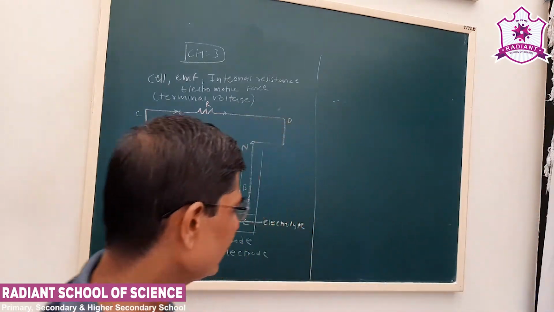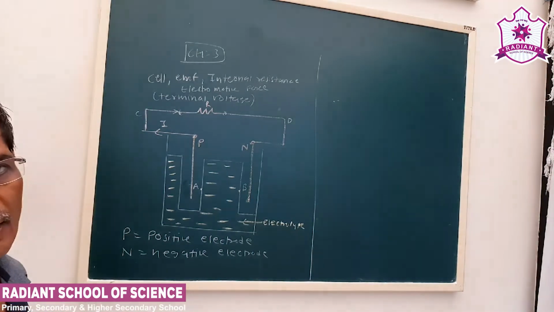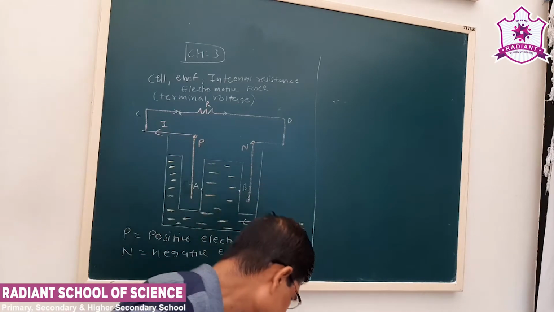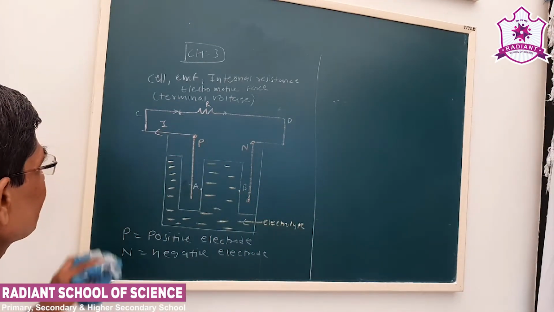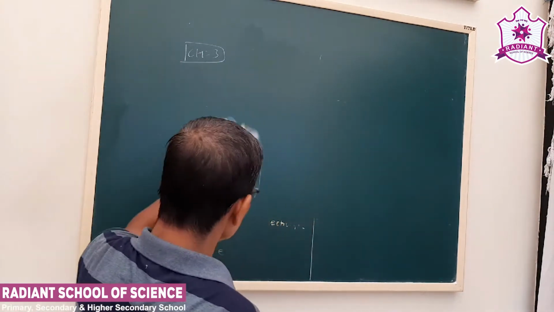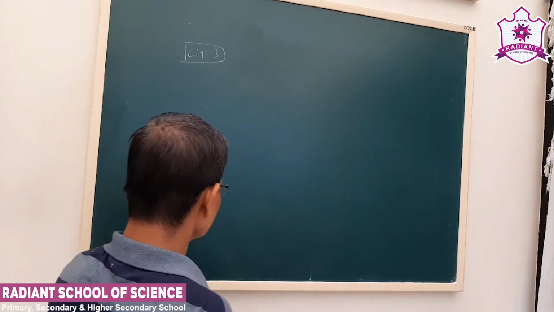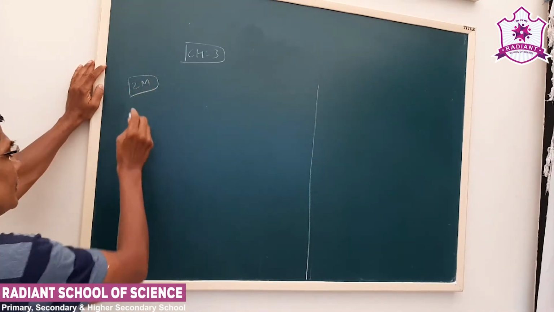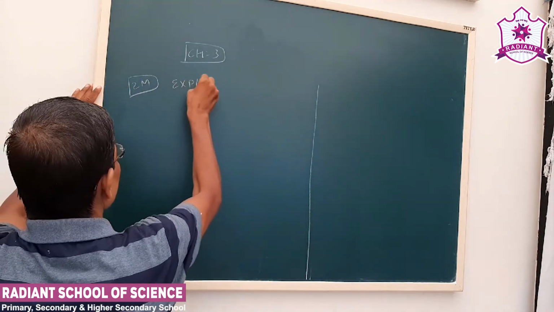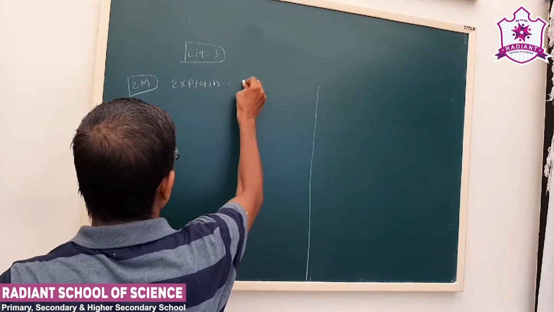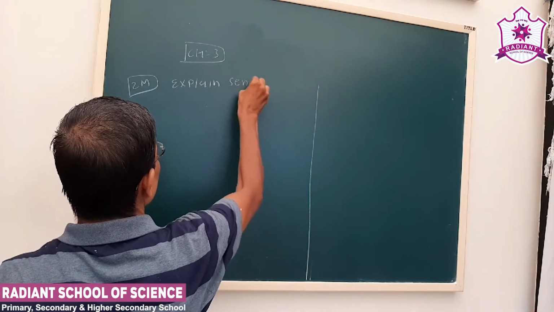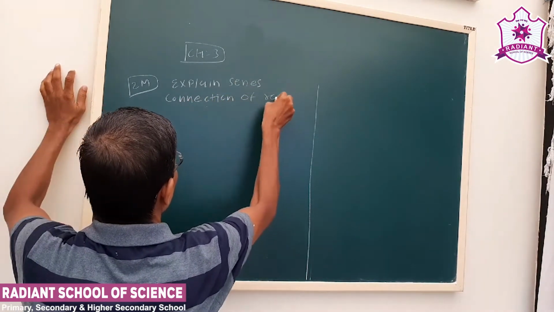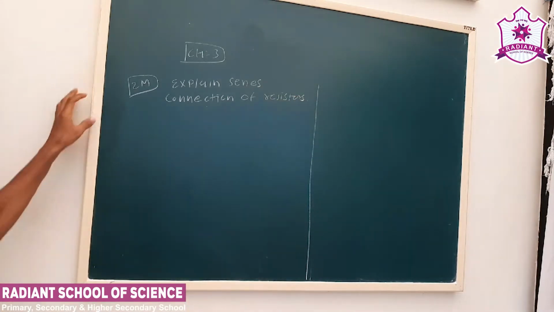Now what we have seen here is what is the EMF of the cell, what is the internal resistance, and what is the terminal voltage. In the beginning of the lesson we talked about resistance. Now today we see the combination of the resistors. We first start with the series connection of the resistors. It can be asked in a 2 marks question, that is, explain series connection of the resistors.